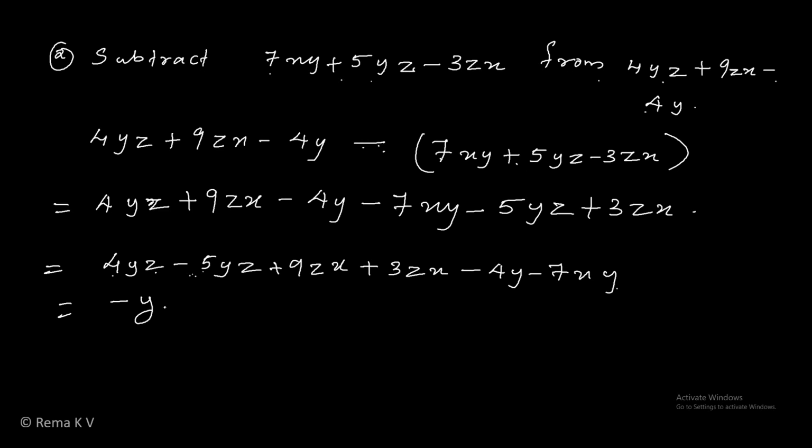We can write this as minus yz. Then what about these two terms? 9zx plus 3zx is 12zx. So plus 12zx. Then minus 4y minus 7xy. So this is the answer.